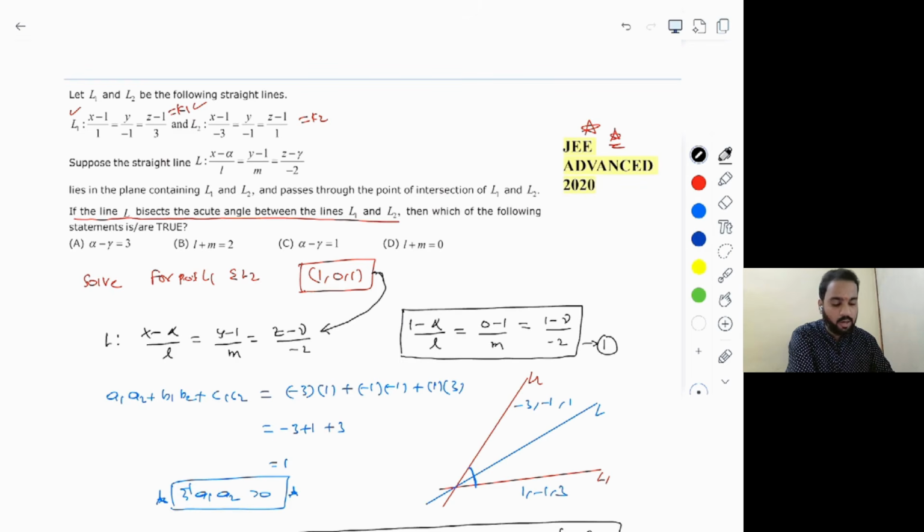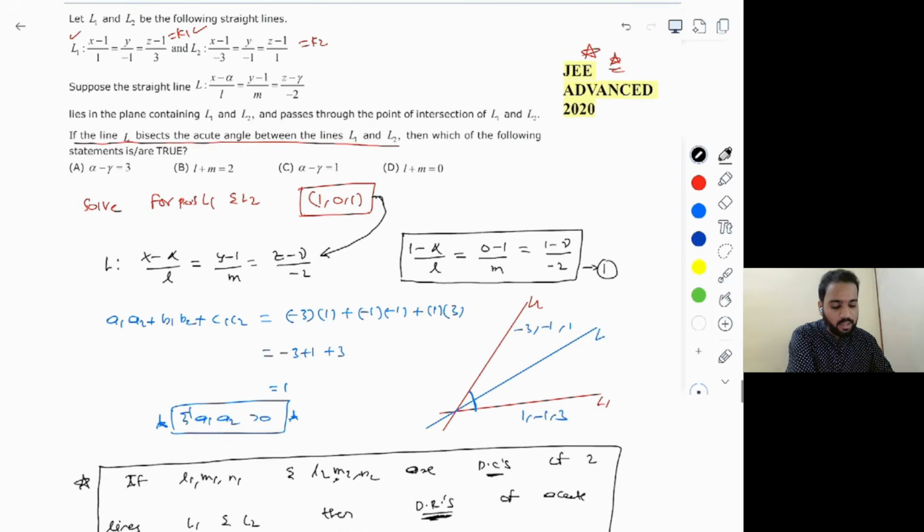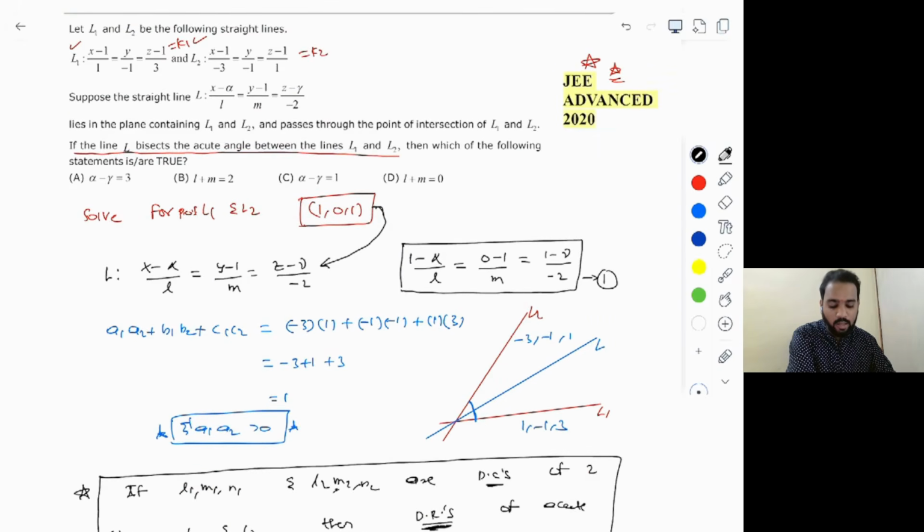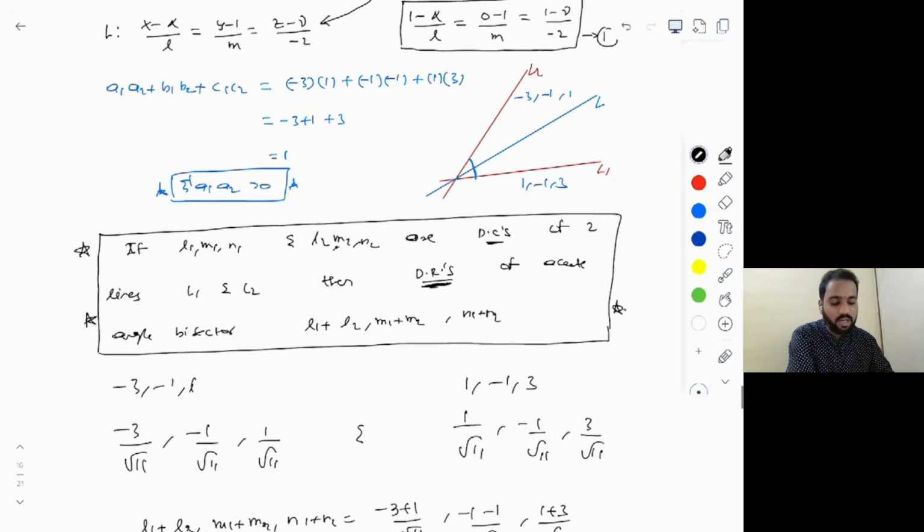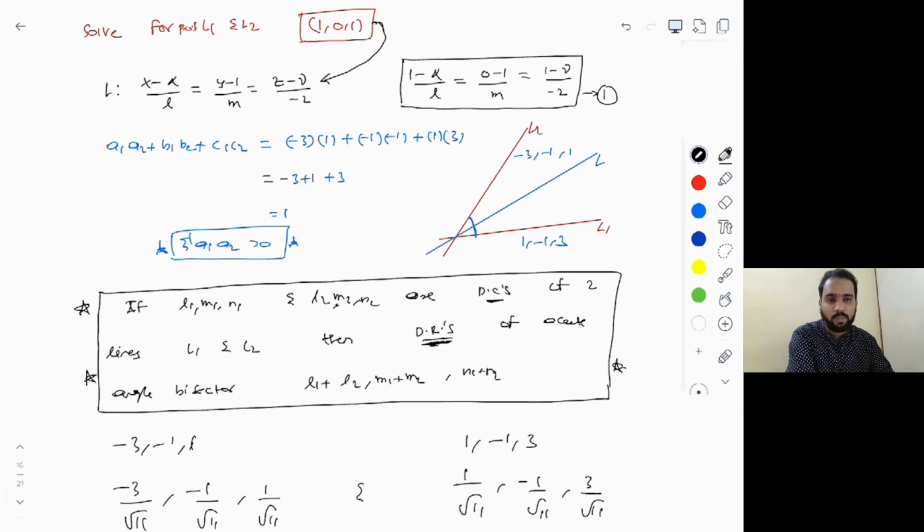So I substituted, I got condition number 1. Then they said that L is along the acute angle bisector of L1 and L2. So first I made sure that for this corresponding set of DRs, the angle between them is acute by finding the sum of A1A2. Since it is positive, directly these will be the corresponding DRs of the lines.